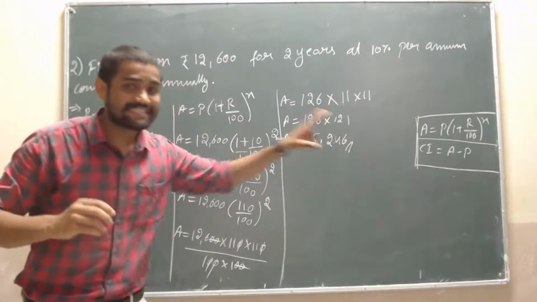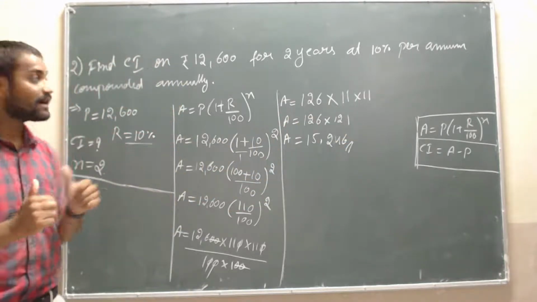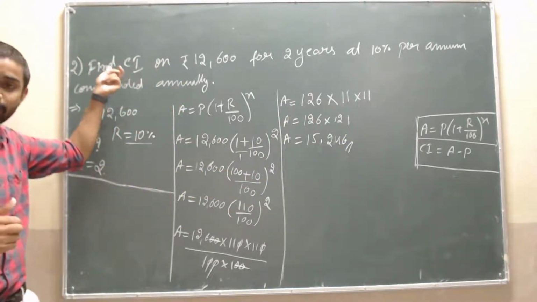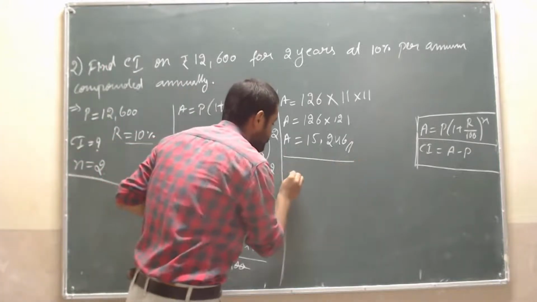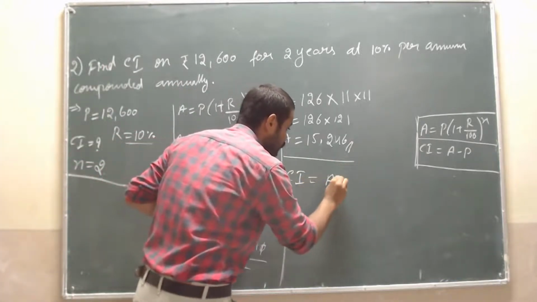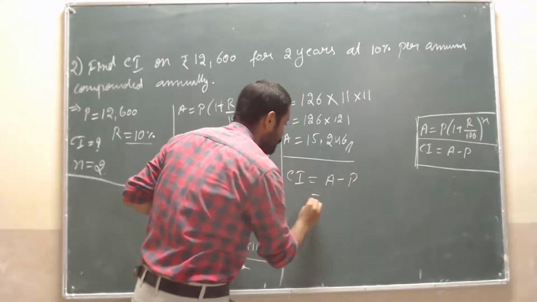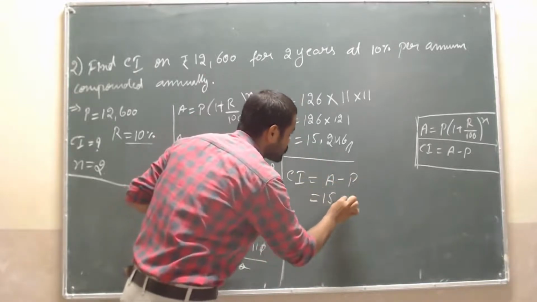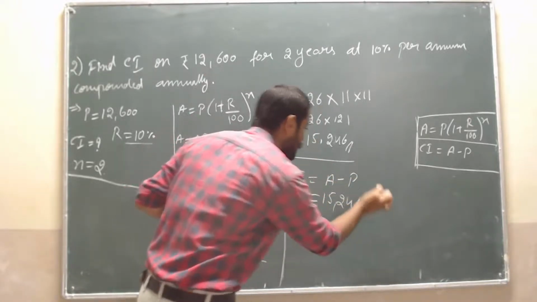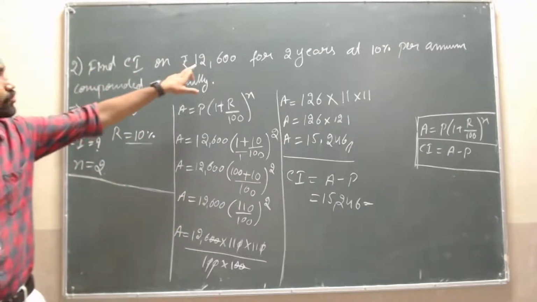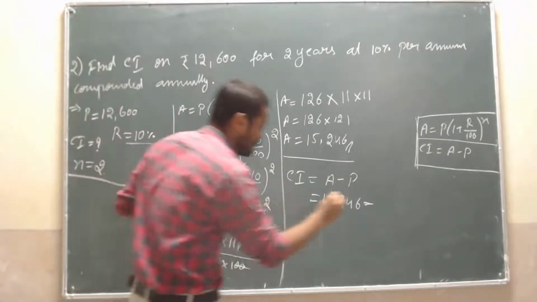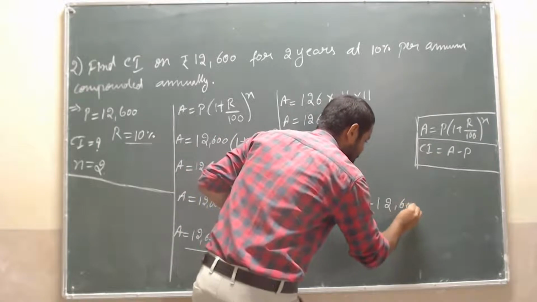Then what is the CI? He has told us that we have to find out CI. We know that CI is equal to A minus P. What is A? 15,246 minus P, which is 12,600.